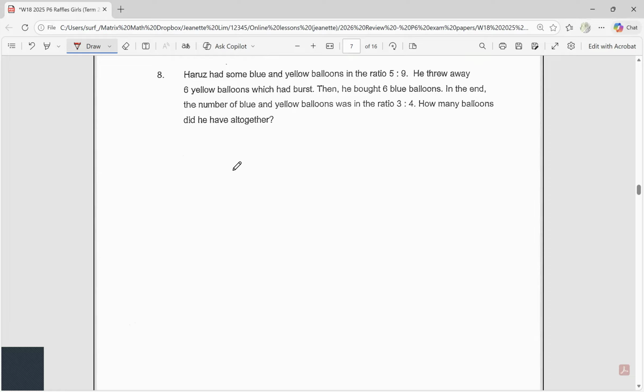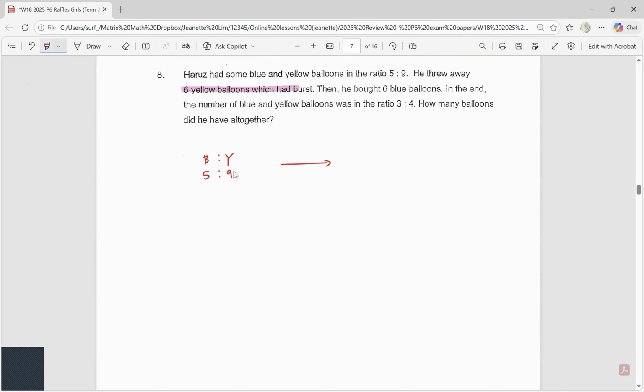Okay, so I'll do a before, change, after. At first my ratio for blue to yellow is 5 to 9. Then there is a change for blue and yellow. 6 yellow balloons burst. He bought 6 blue balloons.